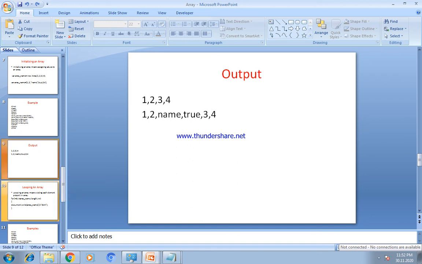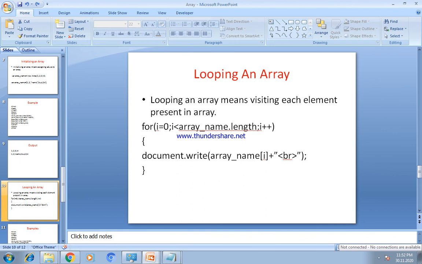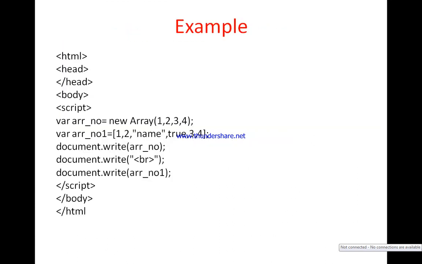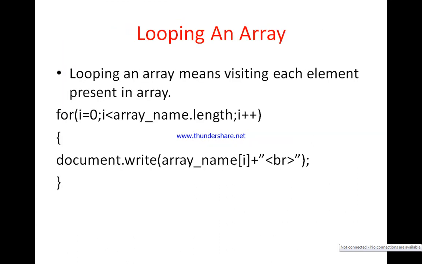Now the next point: looping an array. Looping an array is used for accessing the value of each array element. If we see this program, here we use array name dot length as a parameter, and array name of i displays the value of each array element.